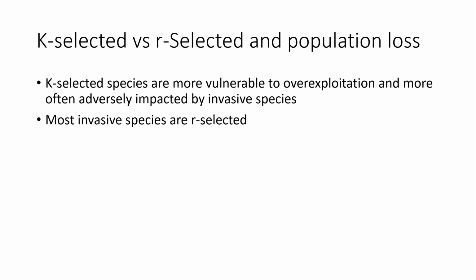Likewise, because many invasive species are R selected, it gives them a little bit of a reproductive advantage when they're introduced to a system because they can reproduce very quickly. And if there's no predators, for example, in that area, their populations can boom really fast, and so they can outcompete just simply through sheer numbers.